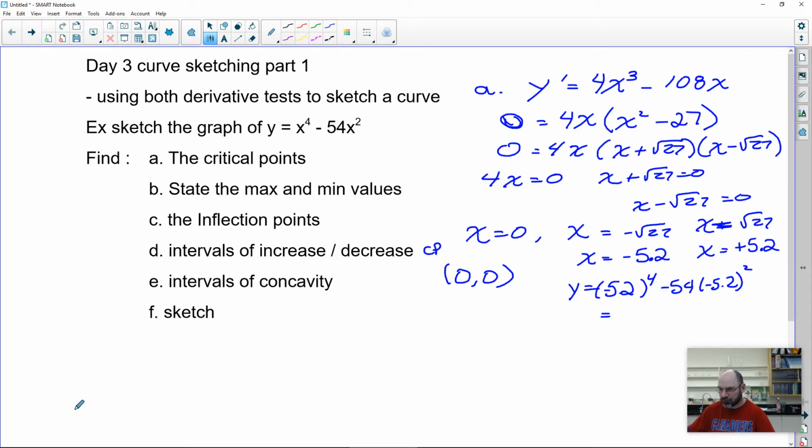What do we get? Let's use our calculator for that. So 5.2 to the power of 4. Oops, I put squared in there, sorry. Okay, and then we get minus 54 times 5.2 squared.